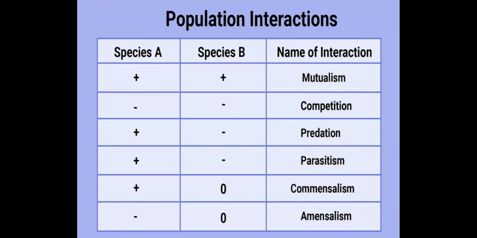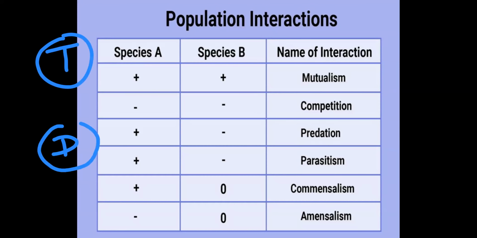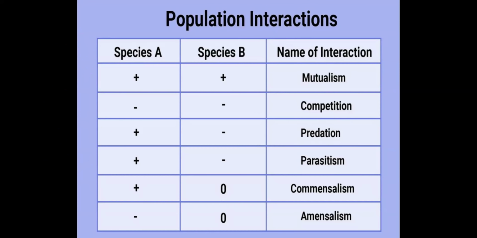Suppose here is a tiger population and here is a deer population. The tiger interacts with the deer, one as a predator. In any form, parasite form, predator form, or beneficial form, species show interaction with each other. That is what we call population interaction.